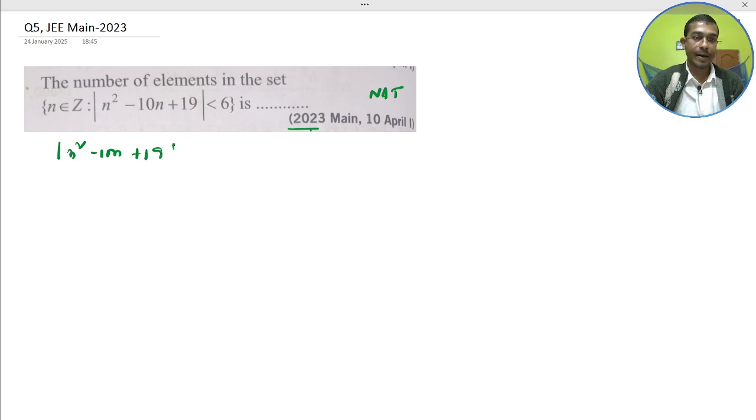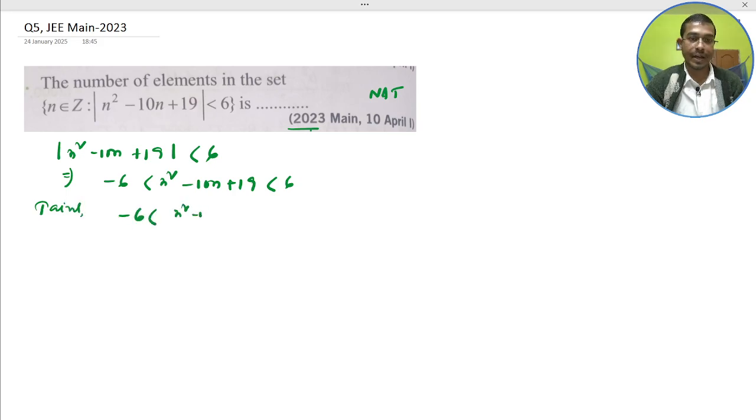19 less than 6, that implies minus 6 less than n square minus 10n plus 19 less than 6. Taking the first condition, n square minus 10n plus 25 greater than 0.